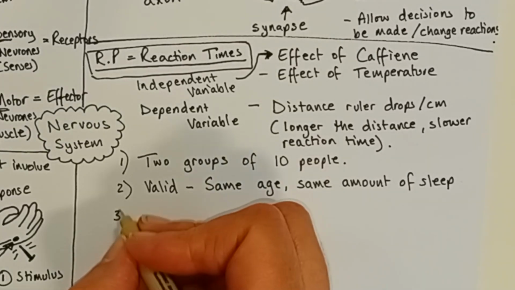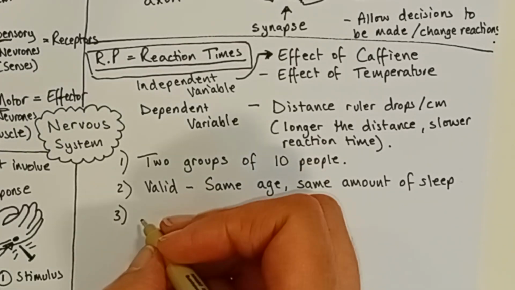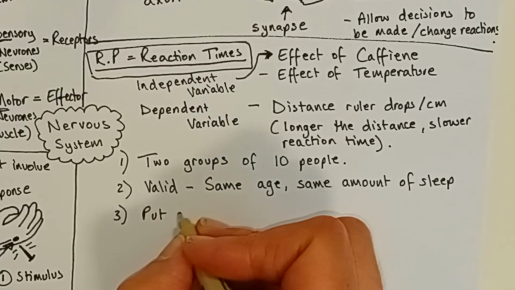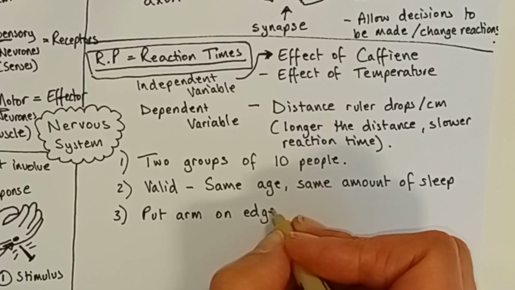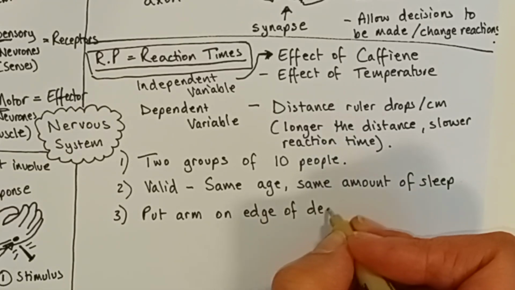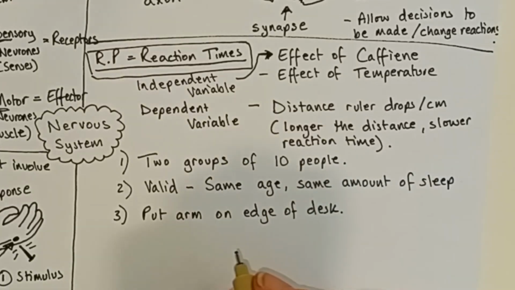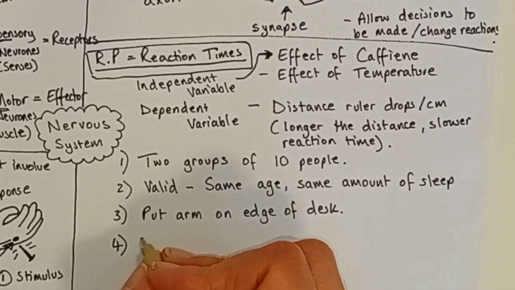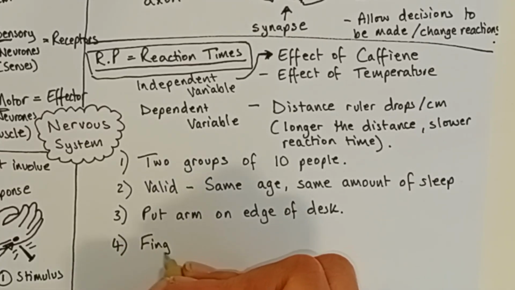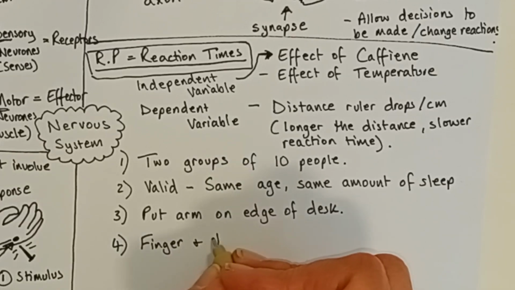Then I'm going to ask them to put their arm on the edge of the desk. And I'm going to hold the ruler just above their hand, level with their thumb. And I'm going to ask them to put their fingers 2 centimetres apart, or finger and thumb 2 centimetres apart.